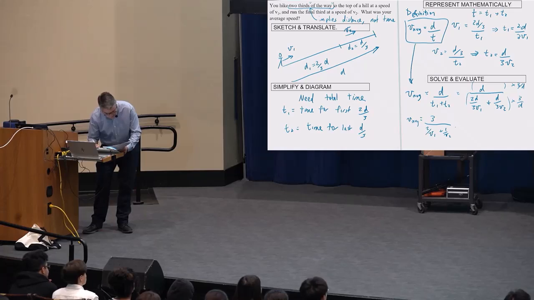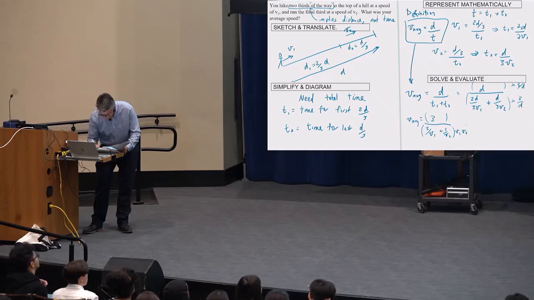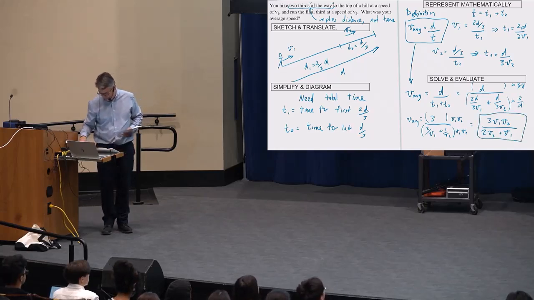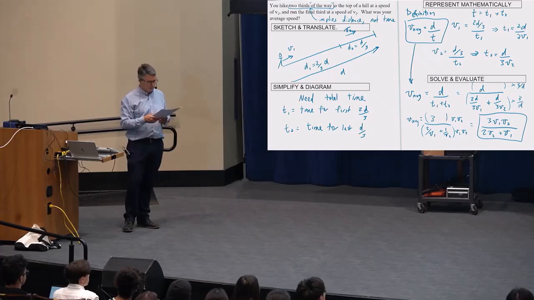Still doesn't look very simple, but I could multiply top and bottom by v1 times v2 to get rid of those fractions in the bottom. So I get 3 v1 v2 divided by 2 v2 plus v1. So it's definitely not just adding the two speeds and dividing by 2.